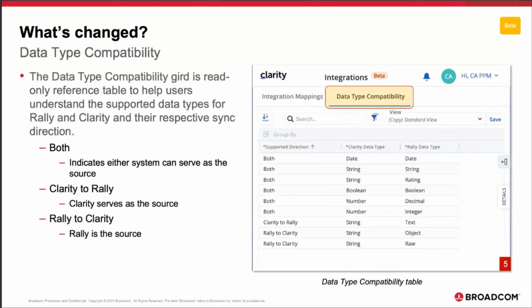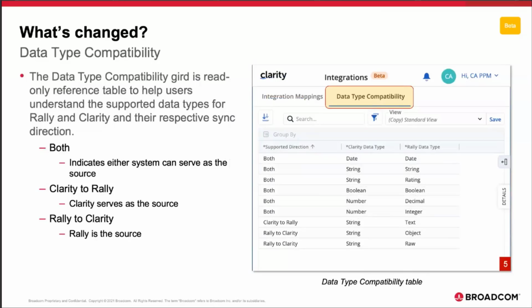The data type compatibility grid. This is a read-only reference table to help users understand the supported data types between Clarity and Rally and their respective sync direction. Both indicates that either system can serve as a source.